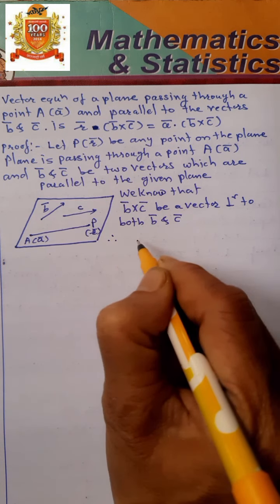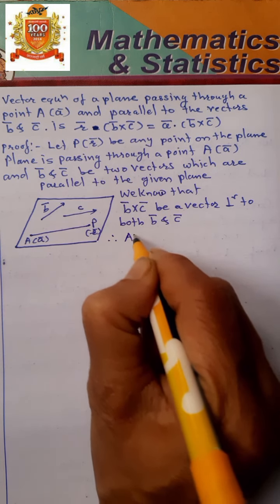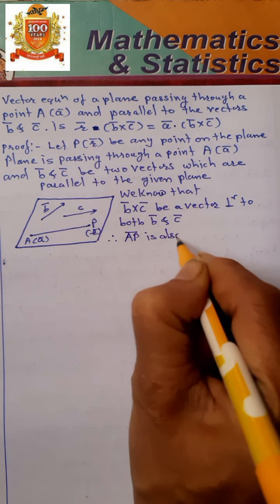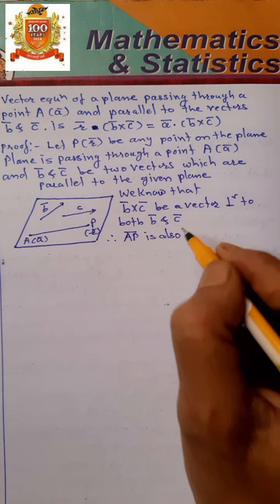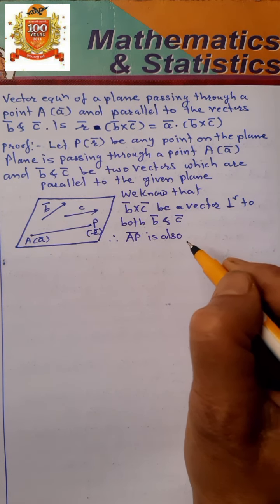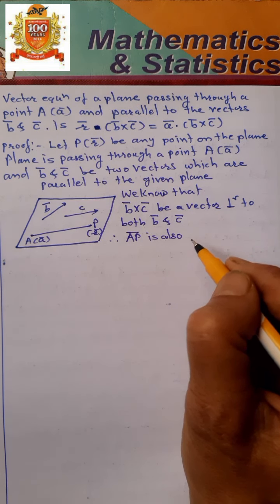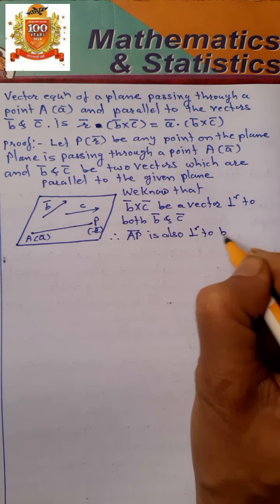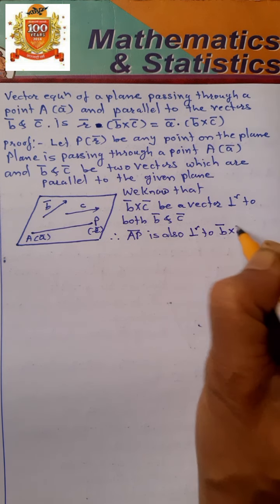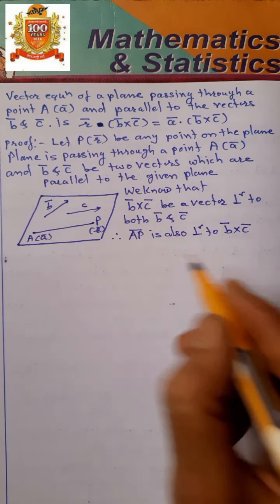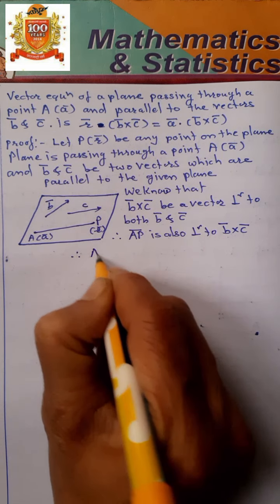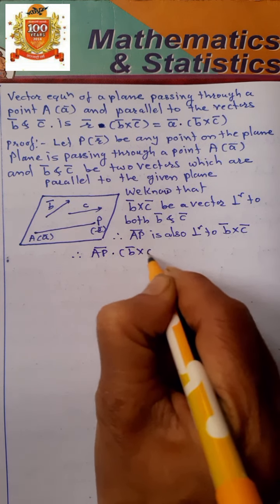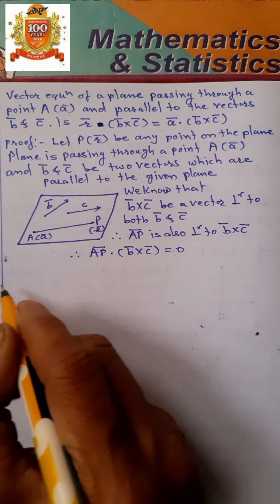Therefore, AP bar is also perpendicular to B bar cross C bar. Therefore, AP bar dot B bar cross C bar is equal to 0.